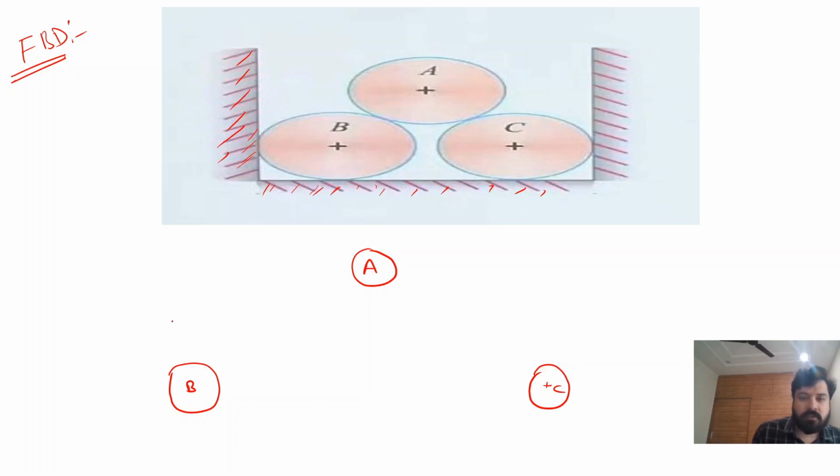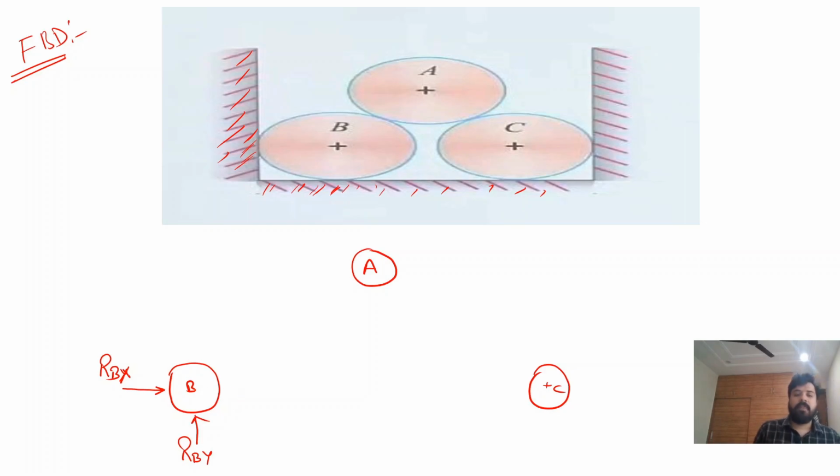The reaction force from the vertical wall to sphere B is like that, RB. Similarly from the vertical surface there will be a reaction. Suppose this is RBX, and this is RBY.